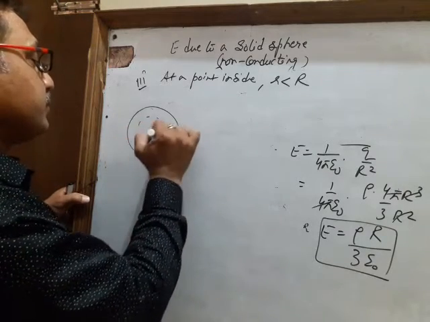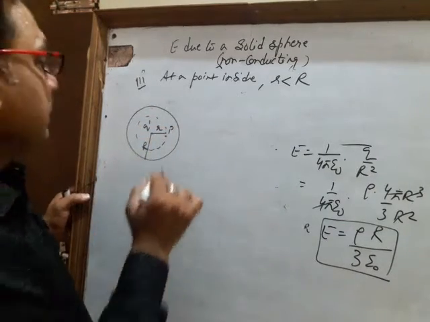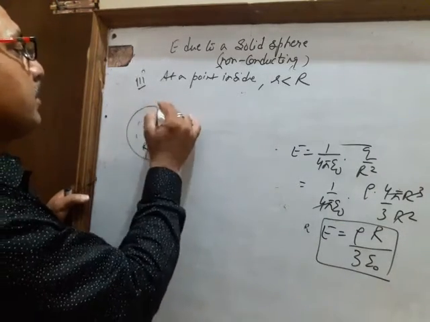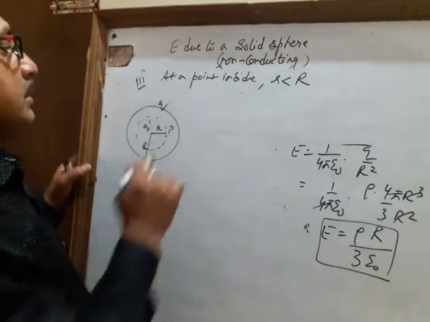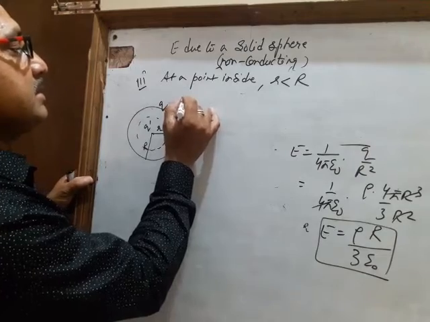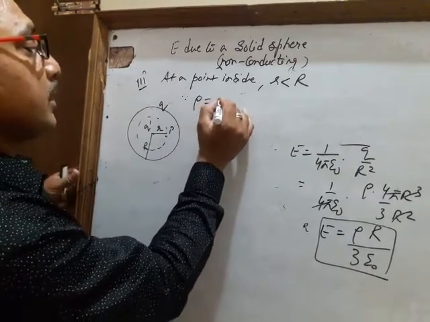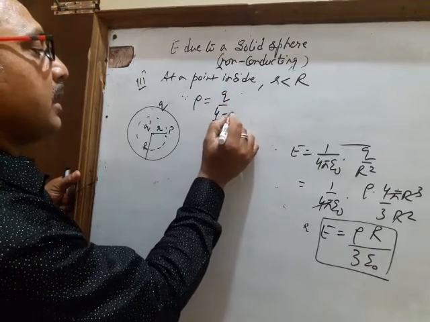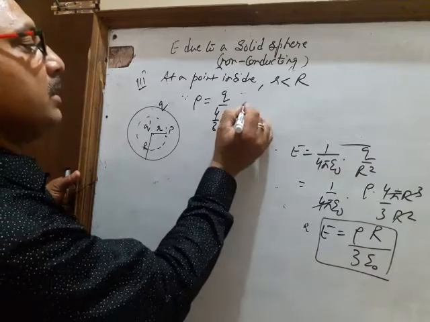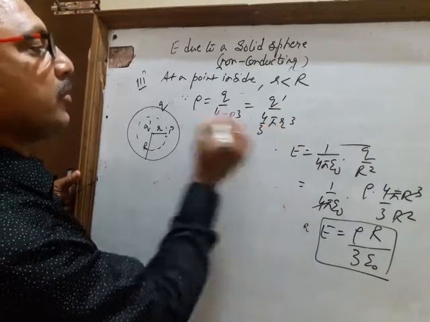So this small sphere now will have a different amount of charge Q dash, and the given sphere had a different amount of charge Q. But the volume charge density rho remains the same. So Q upon 4 by 3 pi capital R cube is equal to Q dash upon 4 by 3 pi small r cube.